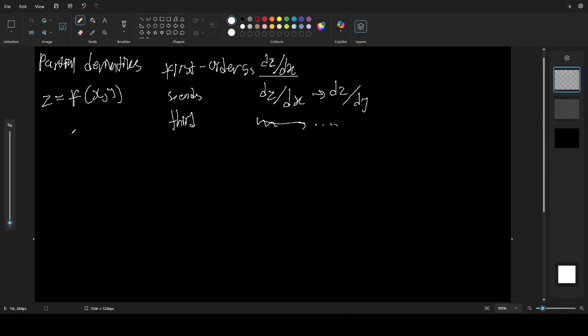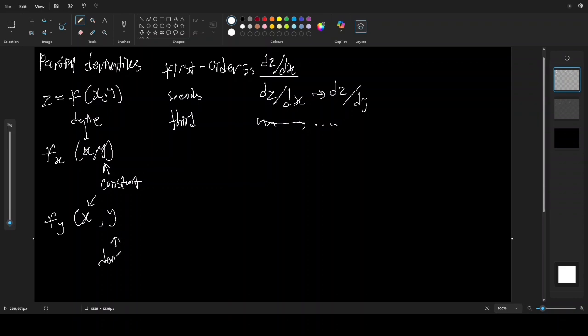As for this f(x, y), if it wants the derivative with respect to x, then you will derive only with the x, and this y will be treated as a constant. The same goes the other way around with y: x being constant, y being derived.